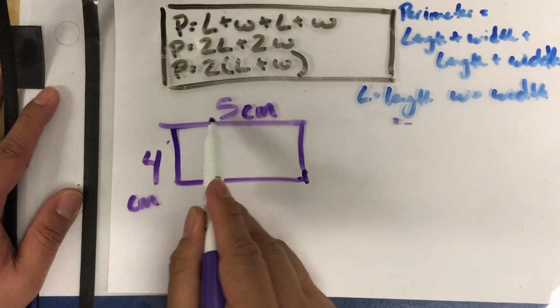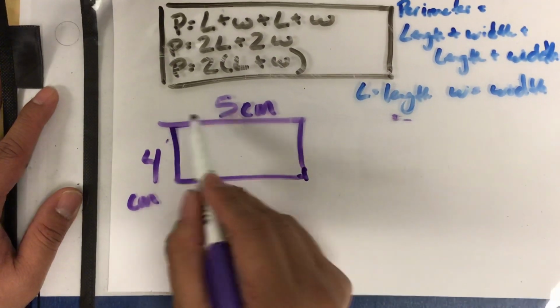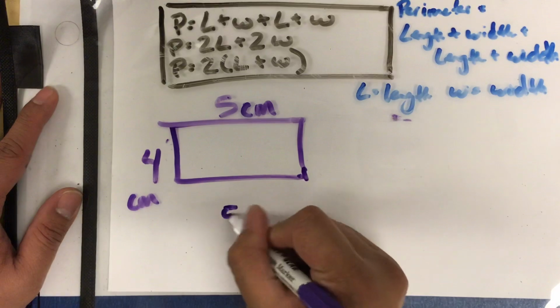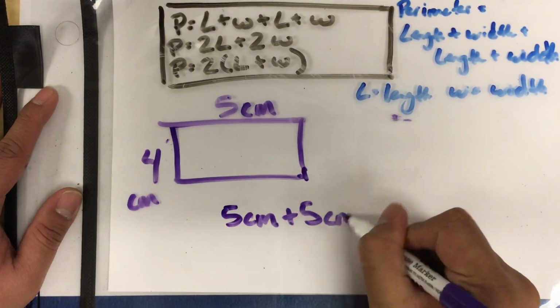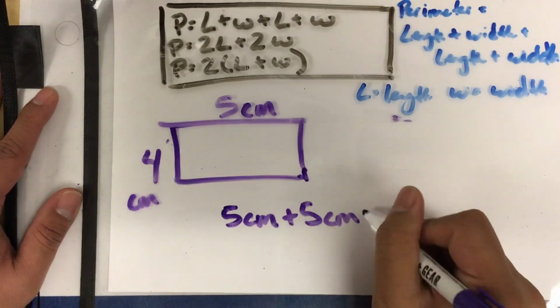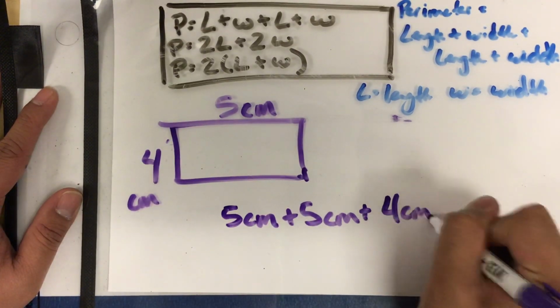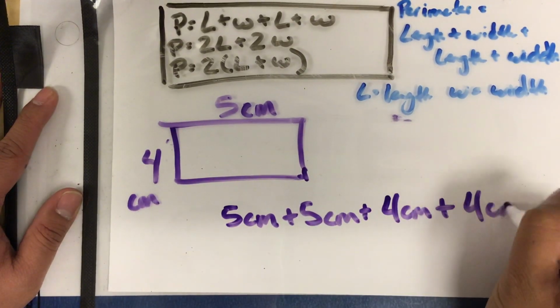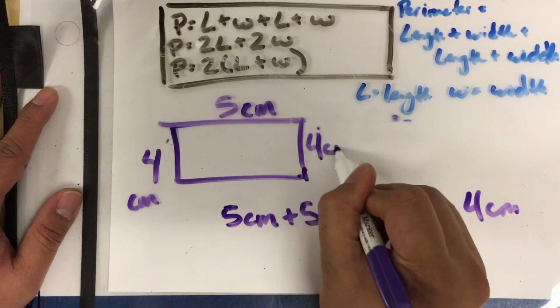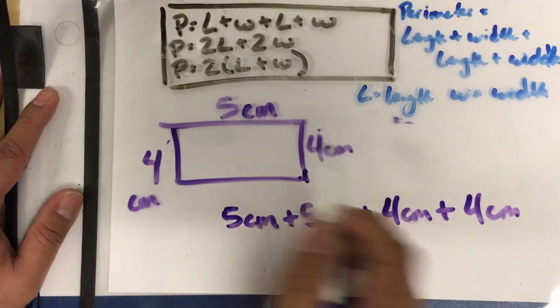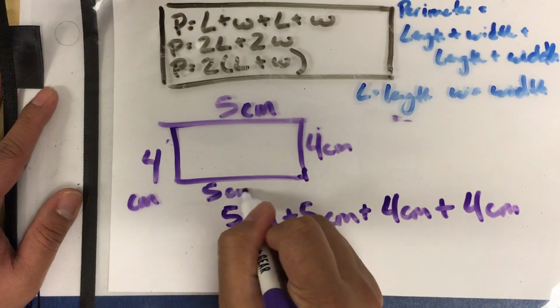Well, if it's long 5 centimeters, so 5 centimeters plus 5 centimeters, we need double of it, okay? Because there's 2. Plus 4 centimeters plus 4 centimeters. Because remember, all the sides are the same. So left and right sides are the same. Top and bottom are the same.